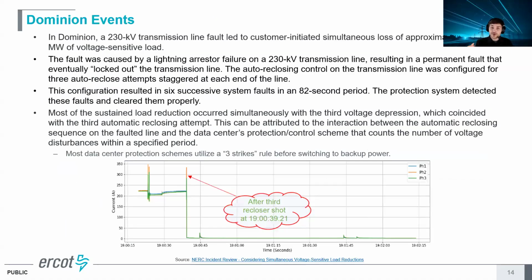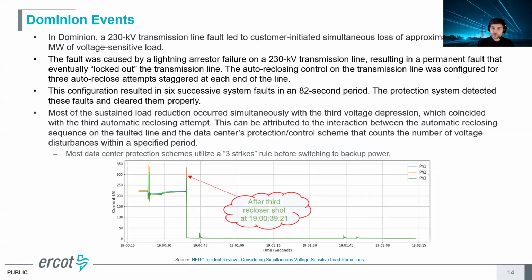So in Dominion, a 230 kV fault led to about 1,500 megawatts of voltage sensitive load tripping. This is in 2024. NERC published an event report on this, so I won't go into all of this, but really the thing to note is most of this load reduction came after the 3rd voltage depression, which was the 3rd automatic reclosing attempt.